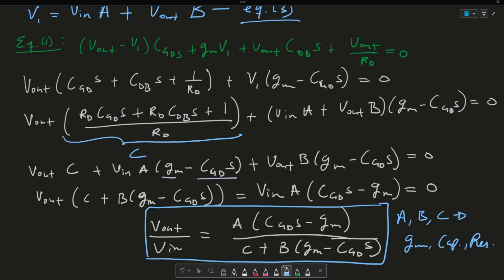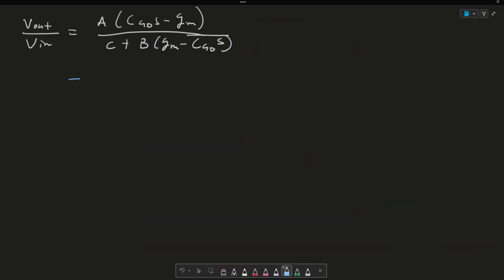So given this equation, I can go ahead and equate this to my numerator will be CGDS minus GM, and my denominator will just be the denominator from A, which is 1 plus RG CGSS plus RG CGDS.